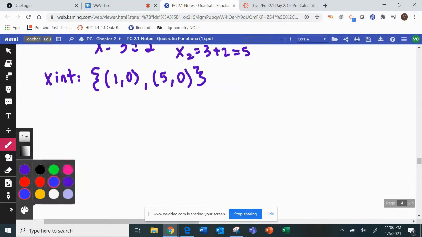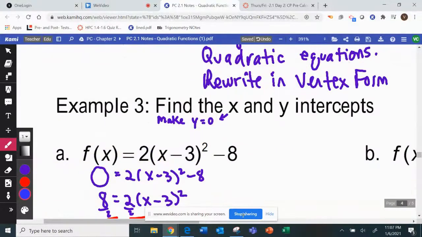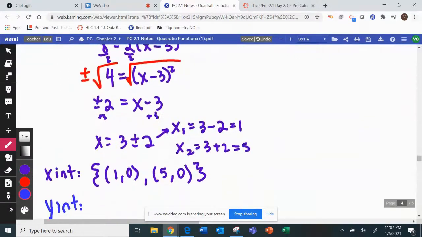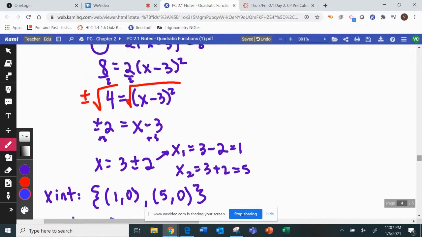We're also asked to find our y-intercept. And to find the y-intercept, we make x equals 0. So I'm going to take my equation and I'm going to make x equals 0. So I start with f of 0 equals 2 parentheses 0 minus 3 squared. Is it plus 8? I already forgot.